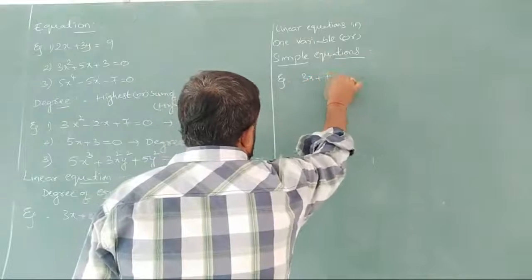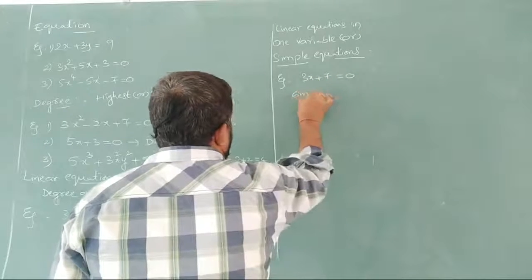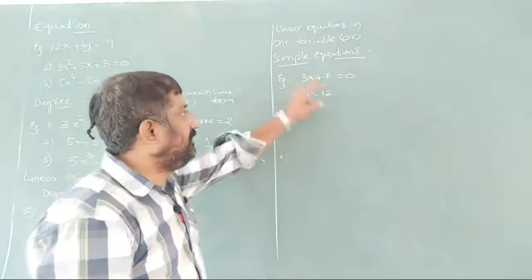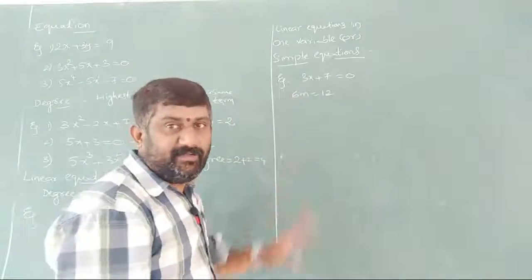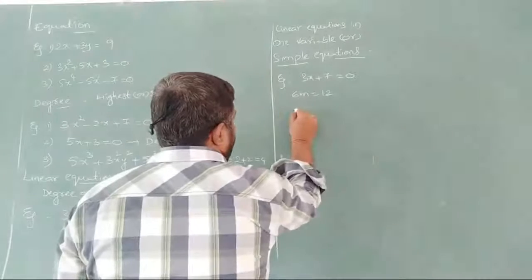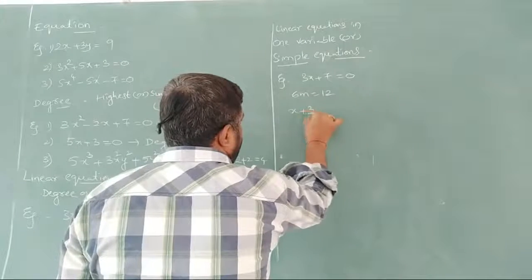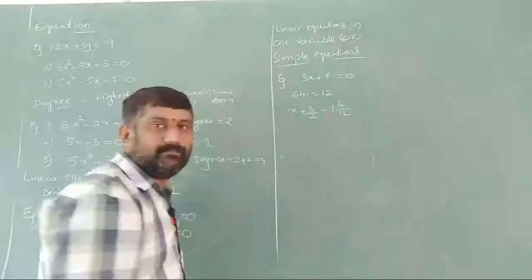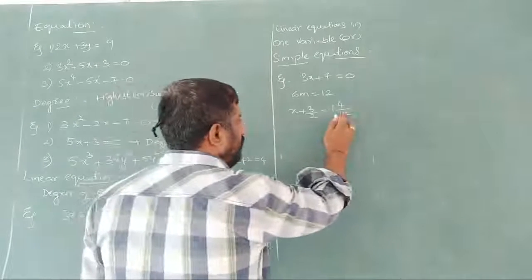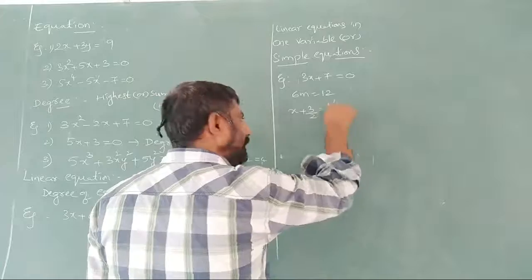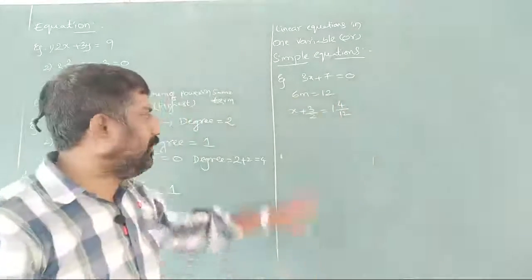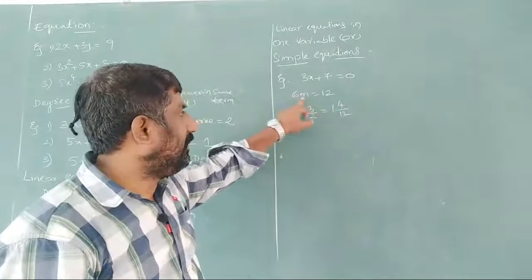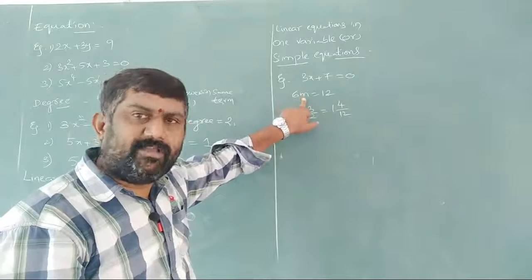3x plus 7 equals 0. 6m equals 12. x plus 3 by 2 equals 1 4 by 12, and you observe here I took m. m is also a variable.